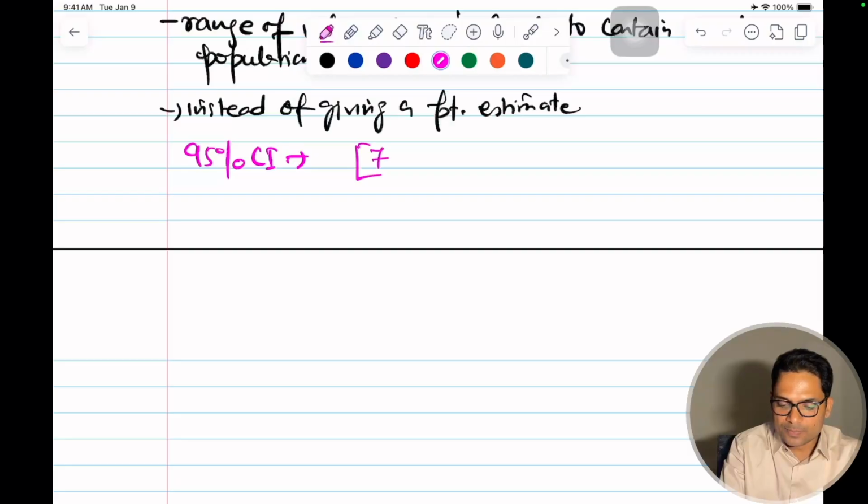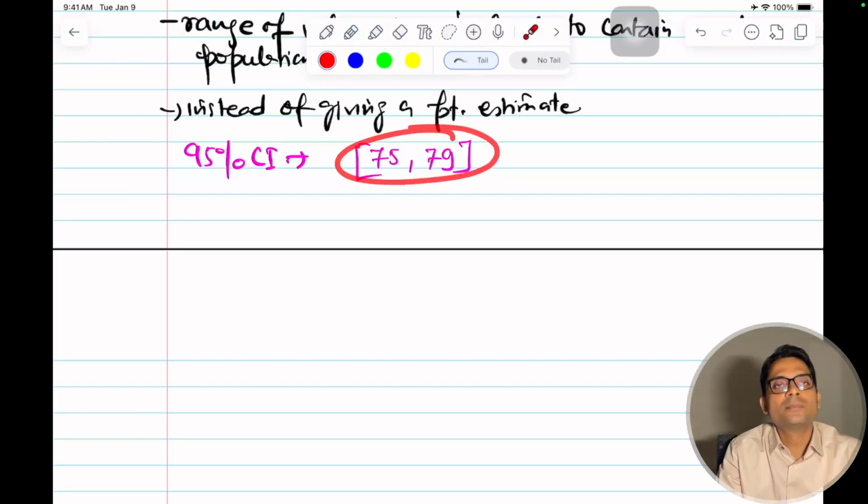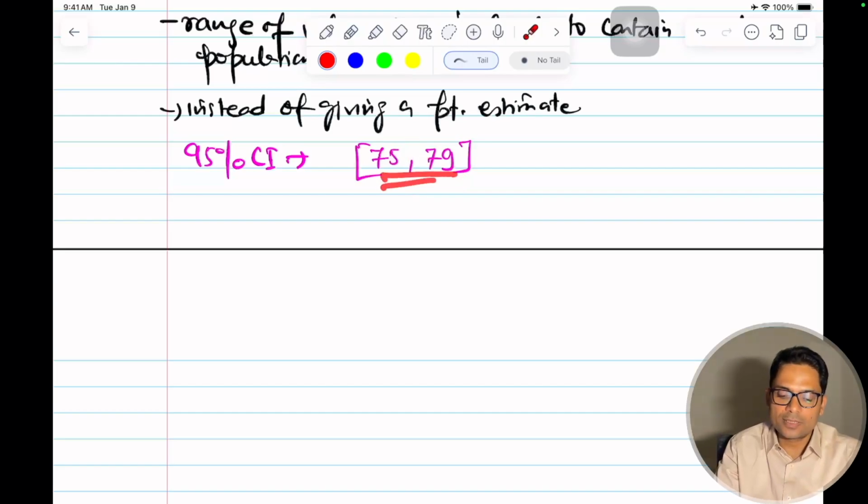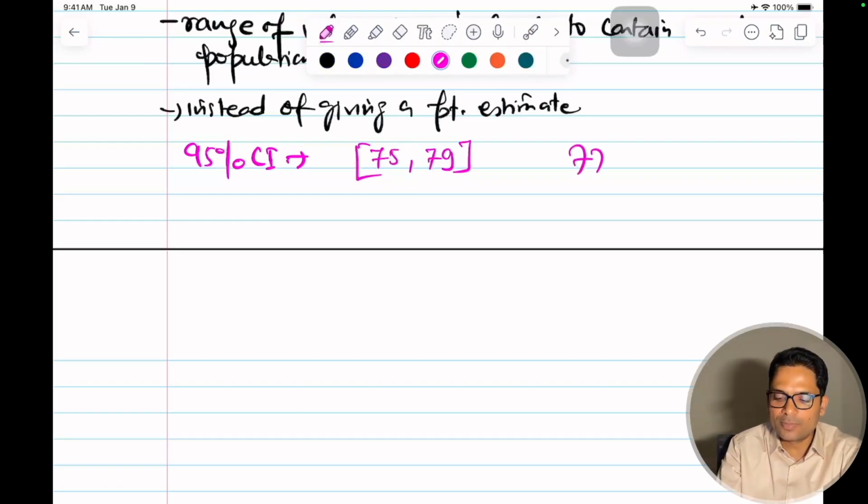If I say that it is between 75 to 79, very tight, does this mean that there is a 95% chance of finding the true average life expectancy here? No, because the average life expectancy would be some number, say for example 77.2 or something.